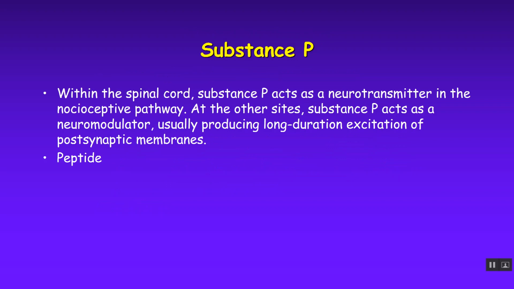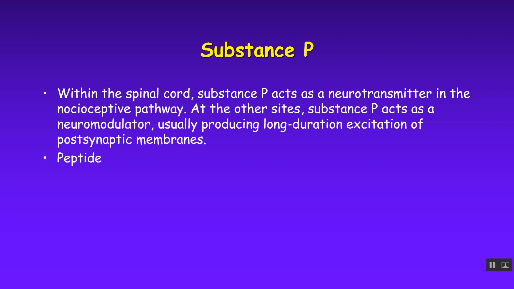Substance P. Substance P is a neuromodulator. This is primarily found in the spinal cord. Substance P acts as a neurotransmitter in the spinal cord, as a neurotransmitter in the nociceptive pathway. At other sites, substance P acts as a neuromodulator. Okay, so in the spinal cord, more of as a neurotransmitter.